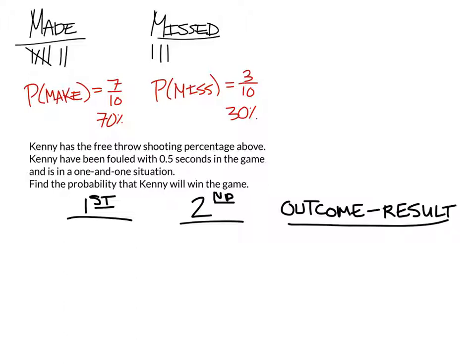So this is a good way to start your tree model. Look at the two things in this case that are happening, or all the things. Look at your outcomes and then determine the results. So it is important for us to get the tree diagram first, which will tell us the outcome and the result, and then we can find the probabilities of each.